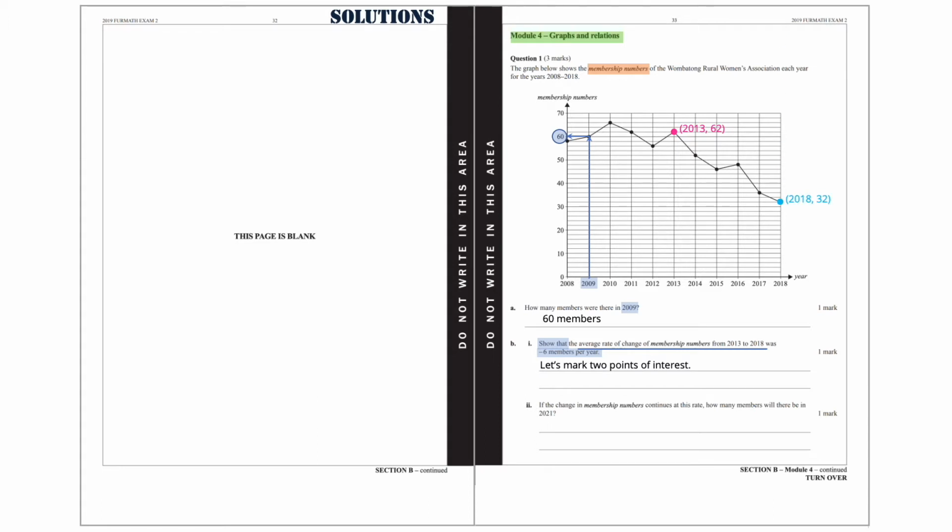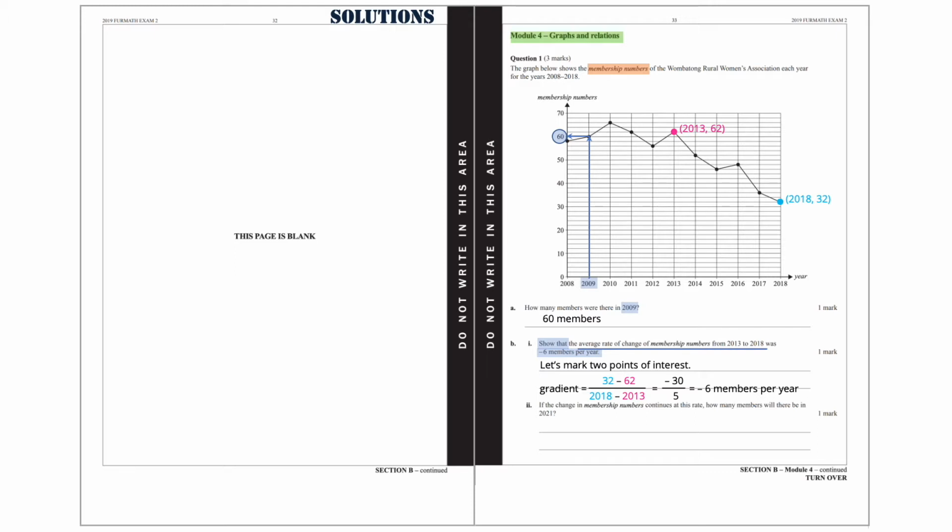So we calculate the gradient of the line between these 2 points, which is going to give us the average rate of change. That is 32 minus 62 over 2018 minus 2013. That is -30 over 5, which is -6 members per year.